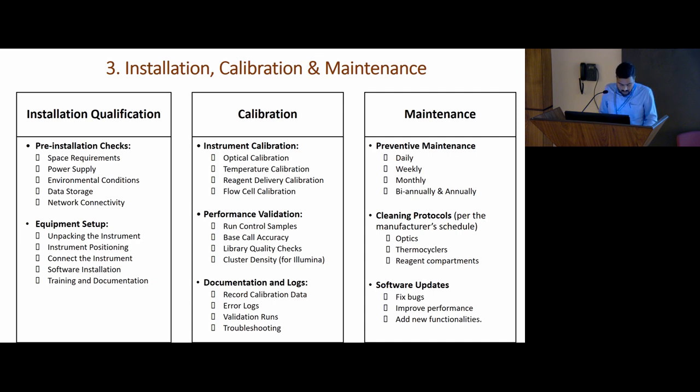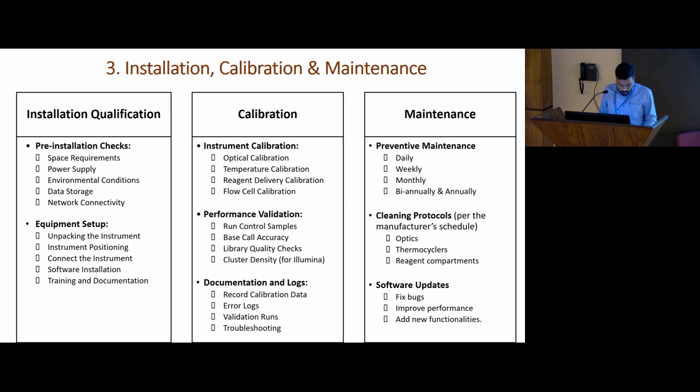Ensure that lab space meets the infrastructure and instrument dimensions, ventilation and power requirements. Check that your laboratory has an adequate environment, like temperature, humidity and cleanliness, since most NGS instruments require a dust-free environment. So we have to check that also.